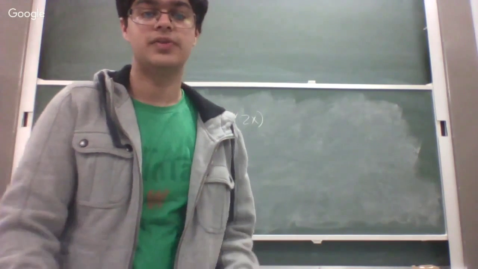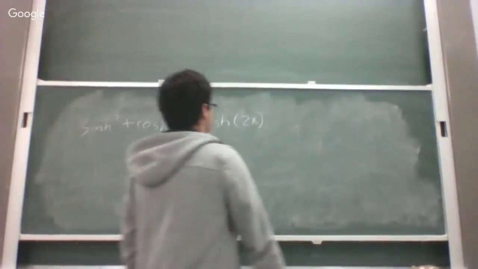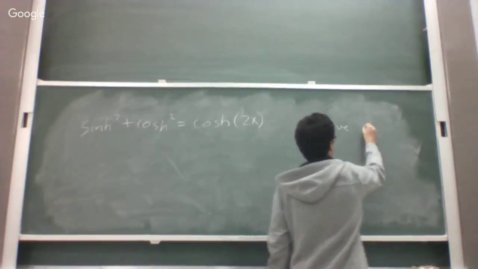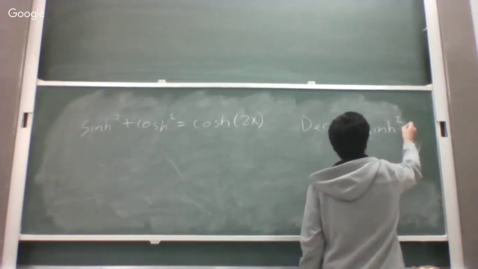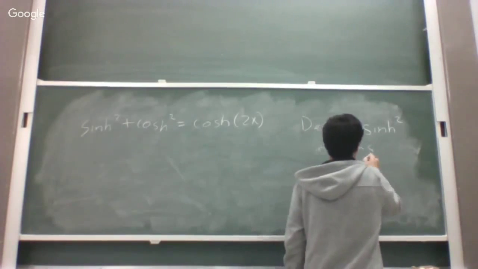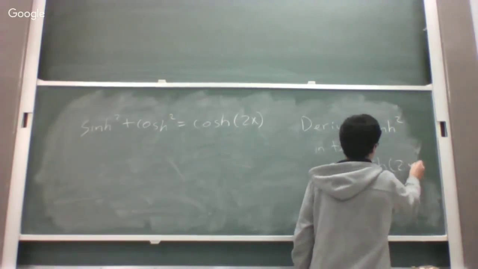We have to derive the identity for sinh squared in terms of cosh of 2x.